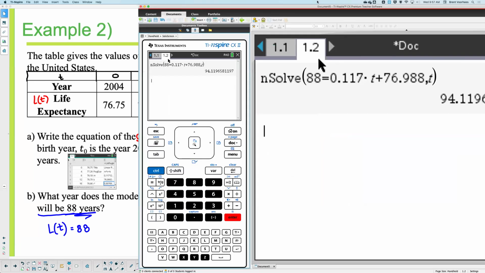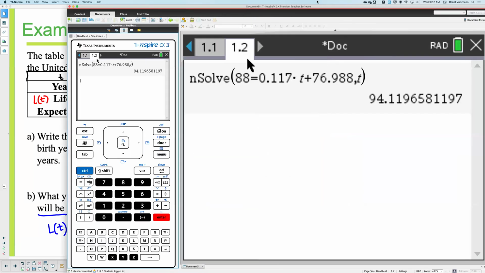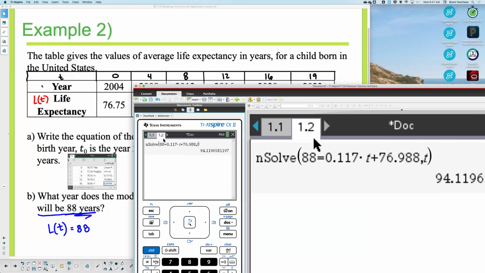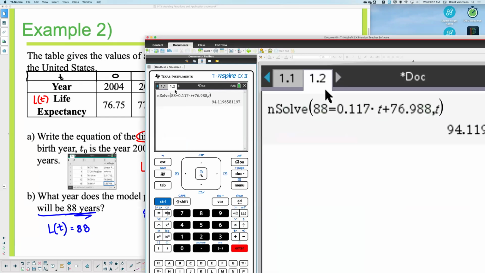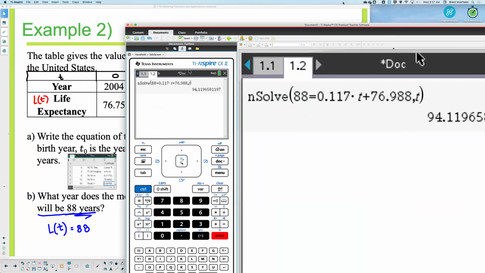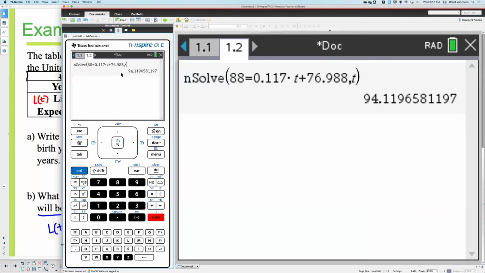It says what year? Does that mean it's going to be year 94? Would that make sense? No, when it says year, we're actually going to make the adjustment from t. So t of 0 is 2004. So if it's year 94, I need to take 2004 and add 94 years to that.